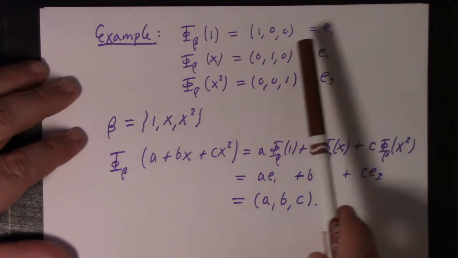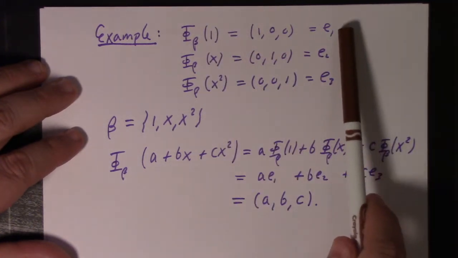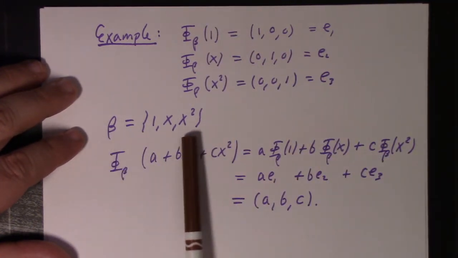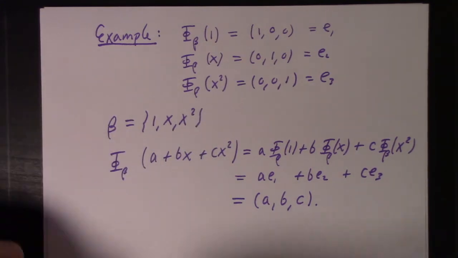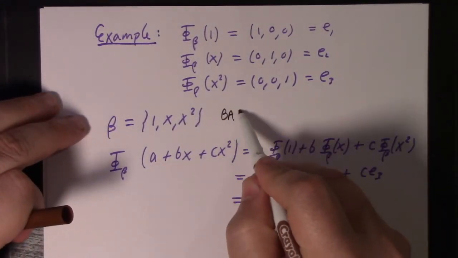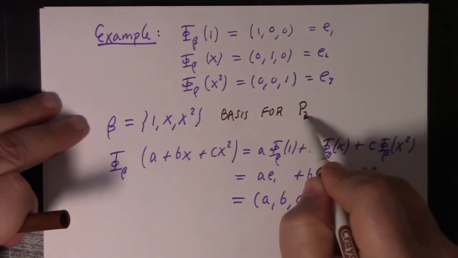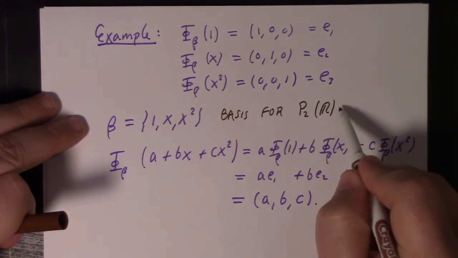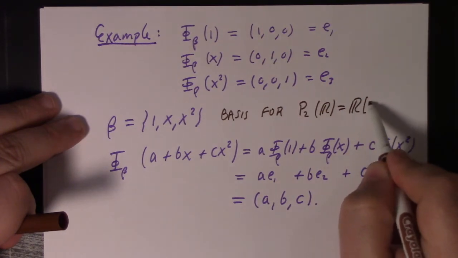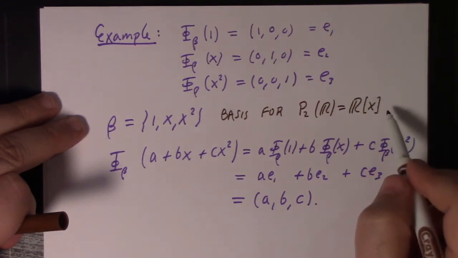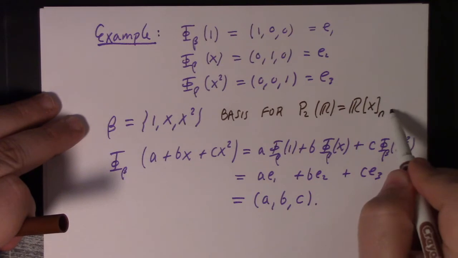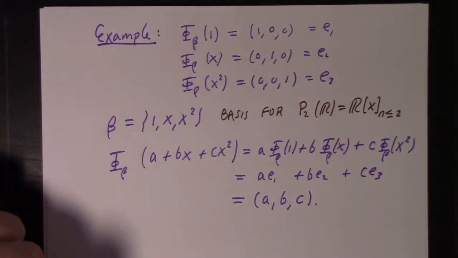So I've uniquely defined this phi sub beta on the set beta, which by the way is the basis. This is a basis for what? P2, right? Or if you like, R adjoin x, polynomials in x with degree less than or equal to 2. So that's the basis.